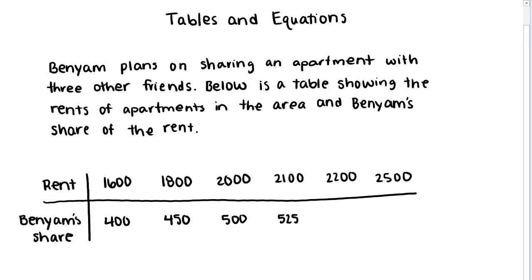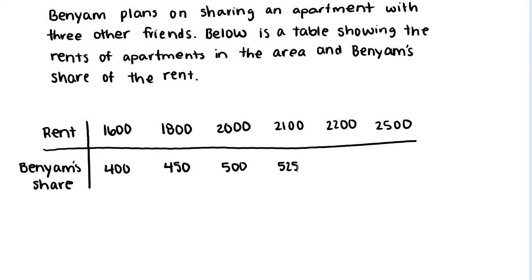Right, so if we look down here at this table, we see that when the total rent for the apartment is $1,600, Binyam's share would be $400. And when the total rent for an apartment is $1,800, Binyam's share would be $450. And so here we have a few missing entries.